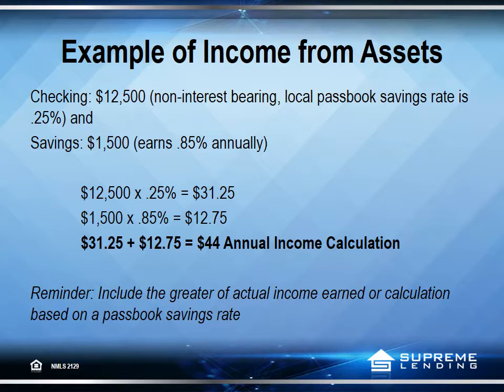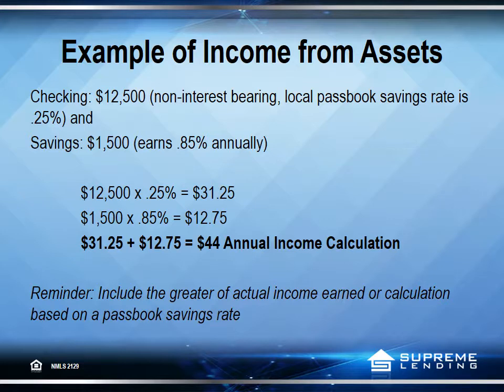and multiply it by the passbook savings rate of 0.25%, which equals $31.25. The second portion of the calculation is to take the $1,500 in the savings account and multiply it by the 0.85% earned annually, which yields $12.75.